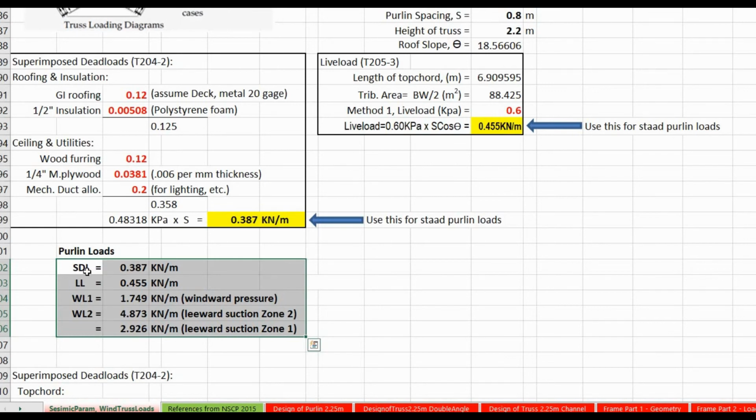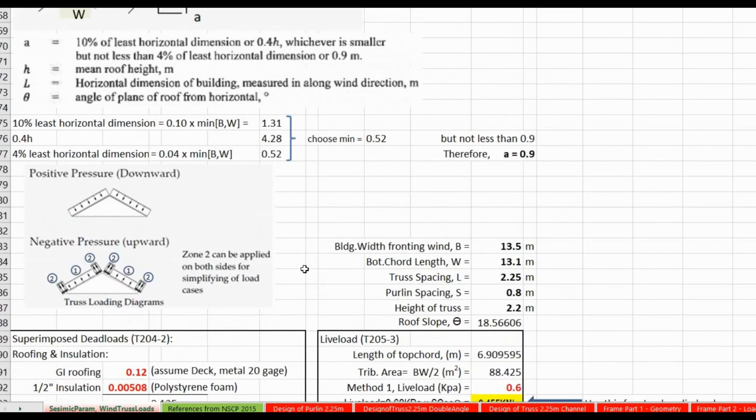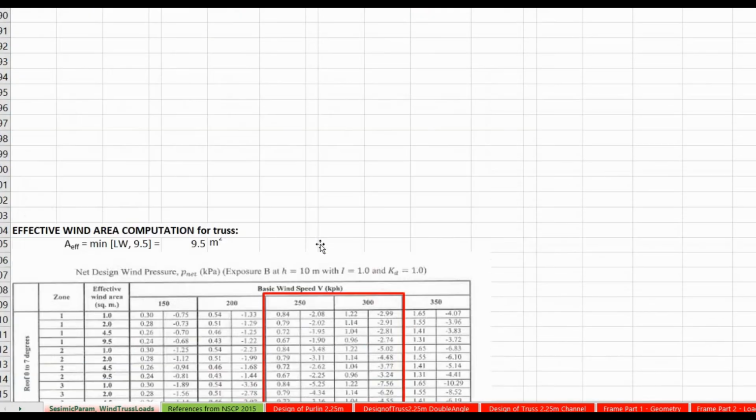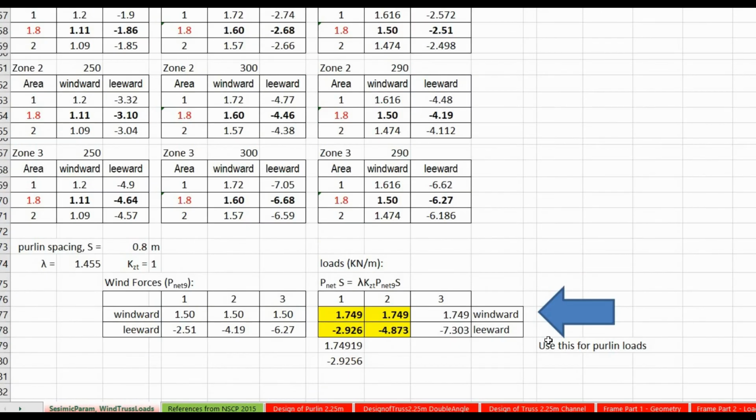So we have 0.387. This is SDL. SDL means superimposed dead load. And then we have live load. And then we have WL1 na 1.749. Nanggaling yan dito sa ginawa natin kanina. Ito. Yan, 1.749.